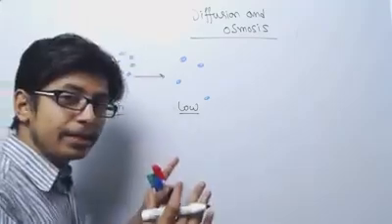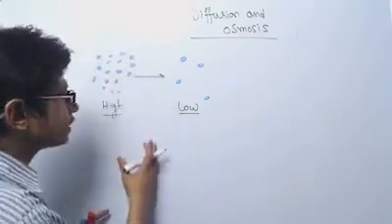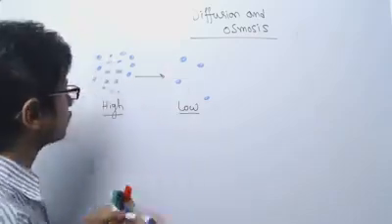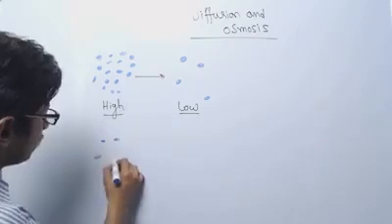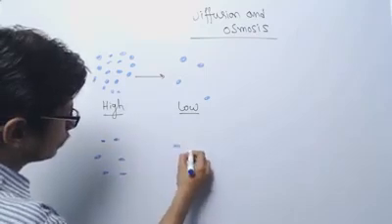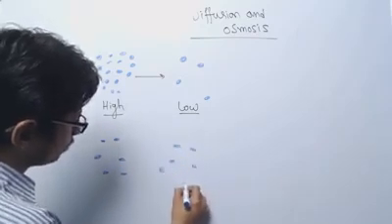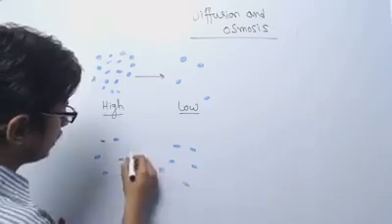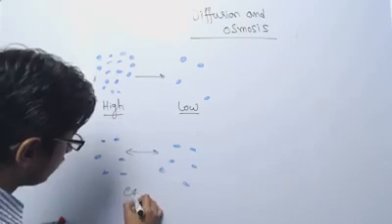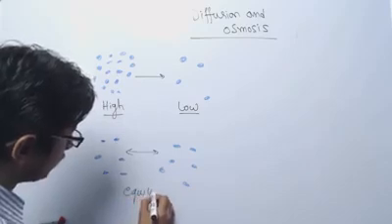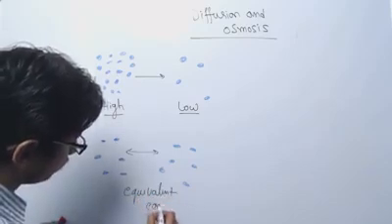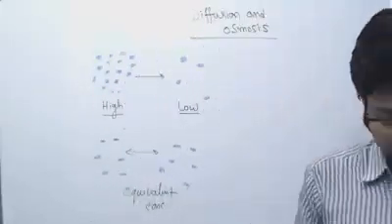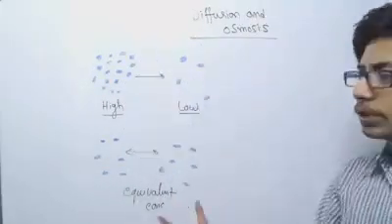And until they become a similar concentration, after some time you will see something like this. This will be known as the equivalent concentration. So they will reach the equilibrium for the diffusion. This is the idea of diffusion.